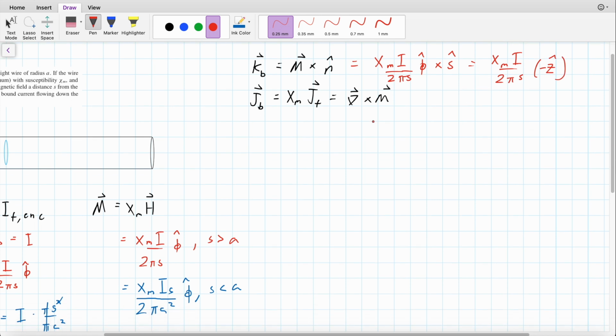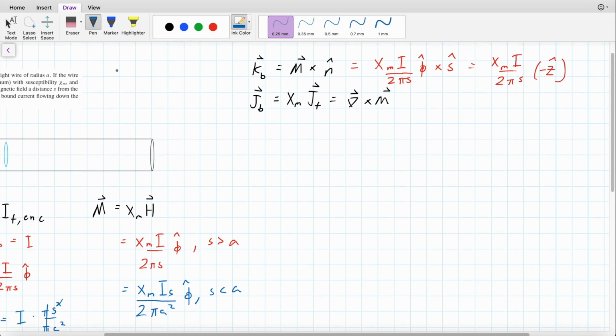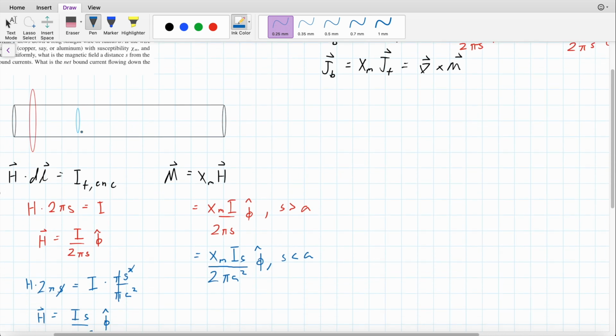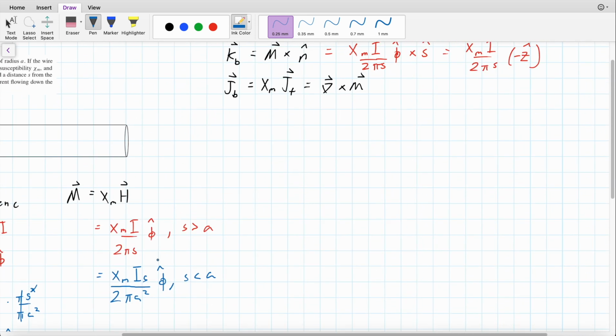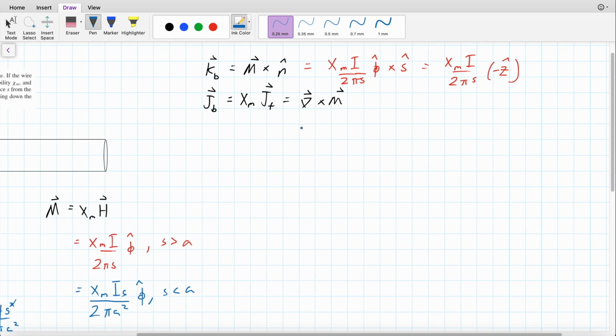Okay. Now for the volume current, we are inside of our wire. So using this one over here, taking the curl, and we're using cylindrical coordinates, we have 1 over s, with s hat, s times phi hat, and z hat.